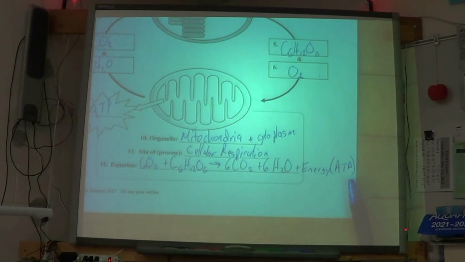You shouldn't be surprised to see a diagram very similar to this. You should expect to see a diagram like this on next Tuesday's test. Next Tuesday, we have a test, and you should expect to see this diagram, not this one, but one similar to this.